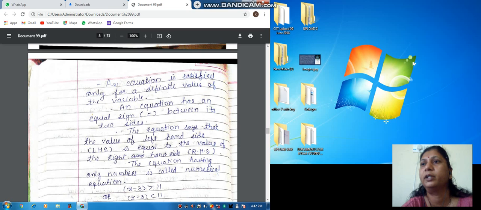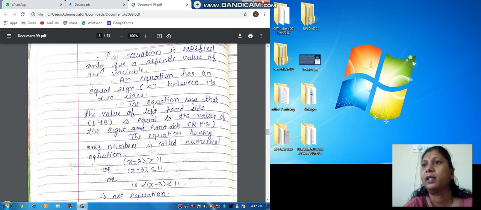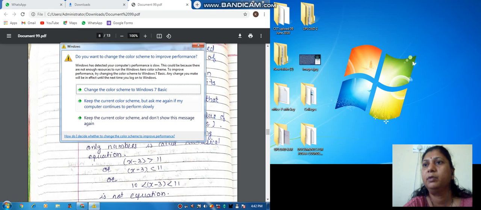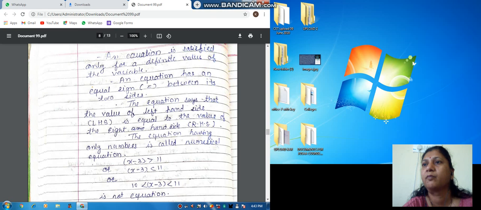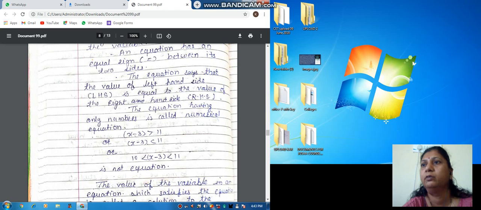An equation is satisfied only for a definite value of a variable. An equation has an equal sign between its two sides. The equation says the value of the left hand side, LHS, is equal to the right hand side. Otherwise it is called a numerical expression, where there is no equal sign.